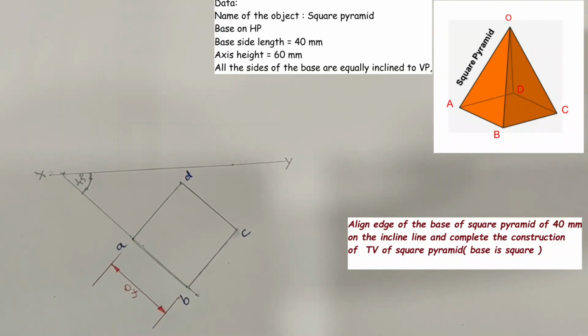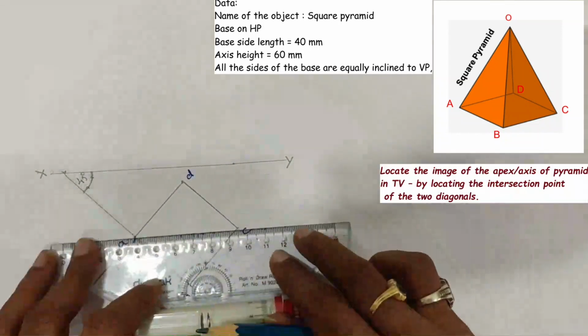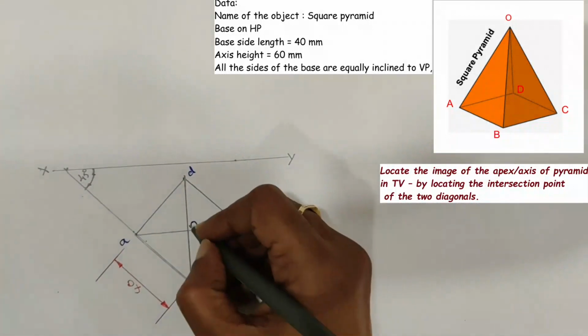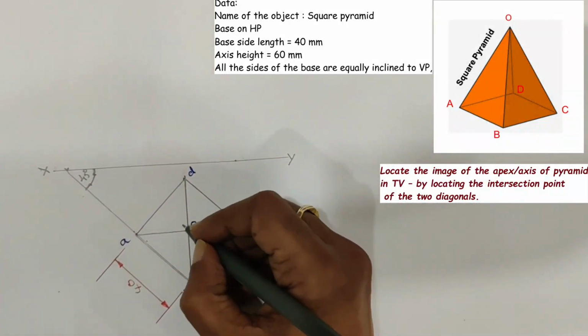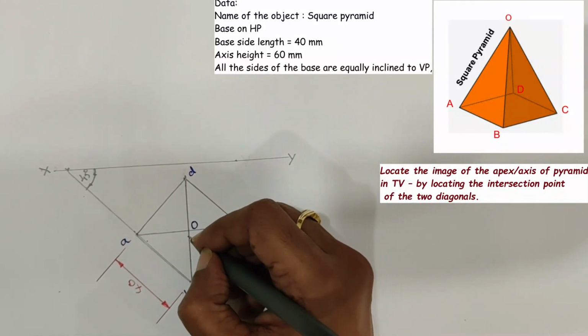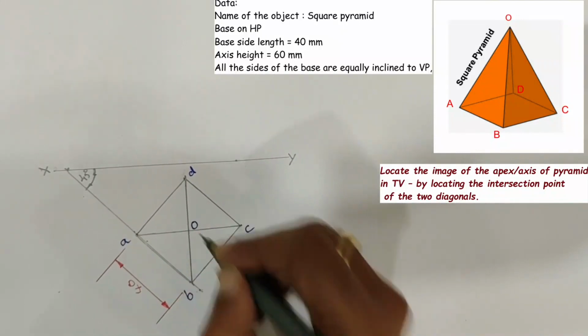Then, locate the center of the base of the square pyramid in top view. For that, draw two diagonals. Here, O is the center of the base of the square pyramid and also it is the image of the apex in top view.